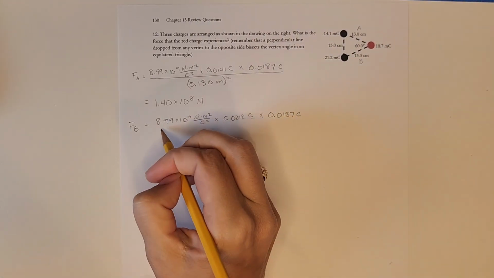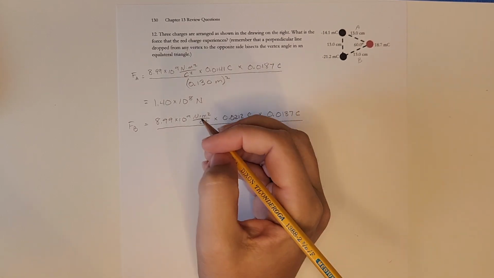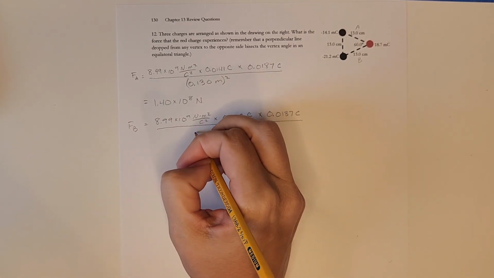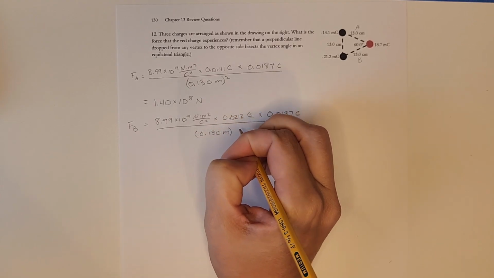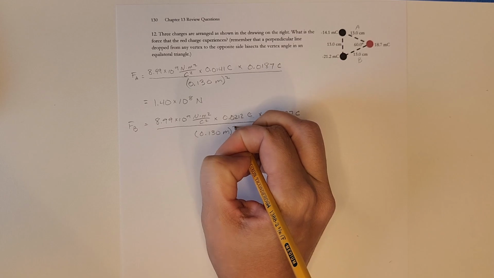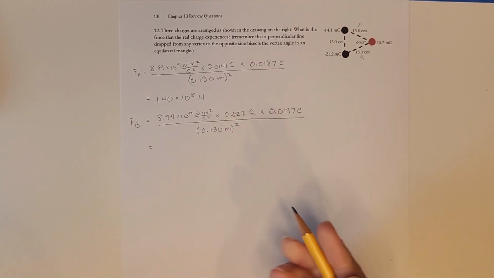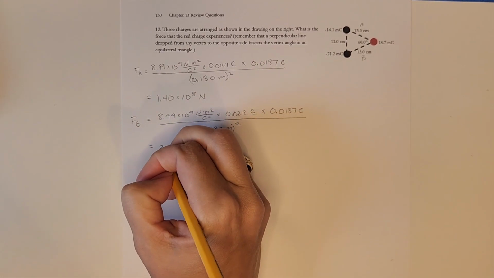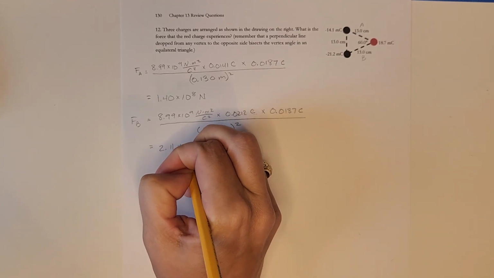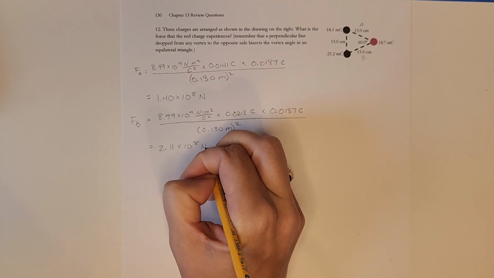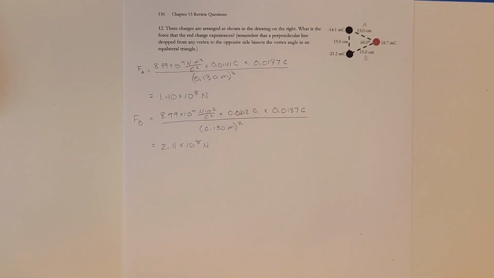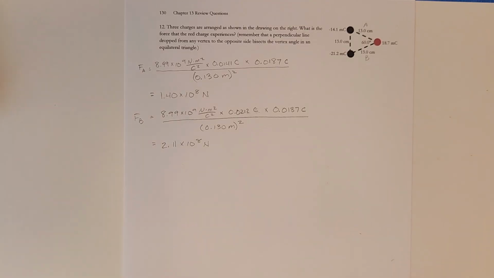Divided by our radius squared, which is also 0.130 meters. I have an equilateral triangle here. And for this one, we will get 2.11 times 10 to the 8th newtons as our force. Okay, so now that we've done that, we need to figure out the geometry.